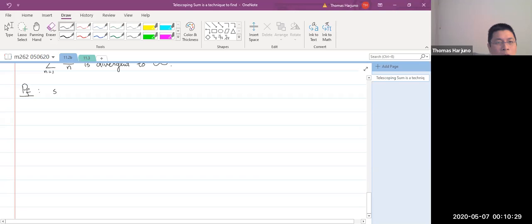Consider the partial sum. Let me write it this way first. Consider partial sums: S1 equals 1 over 1, S2 equals 1 over 1 plus 1 over 2, S3 is 1 over 1 plus 1 over 2 plus 1 over 3, and so on and so forth.